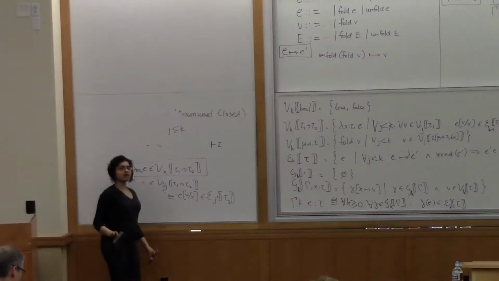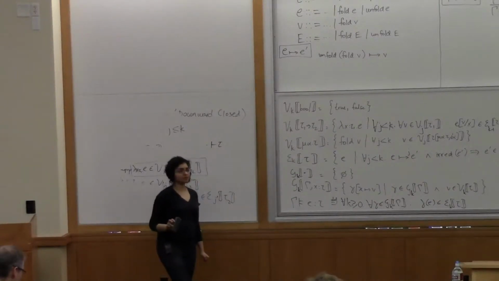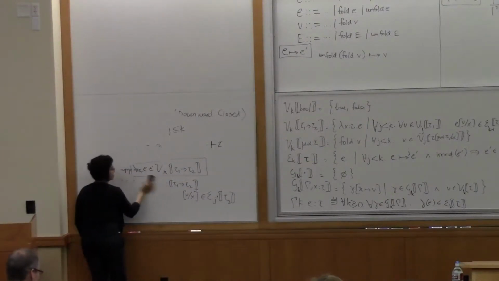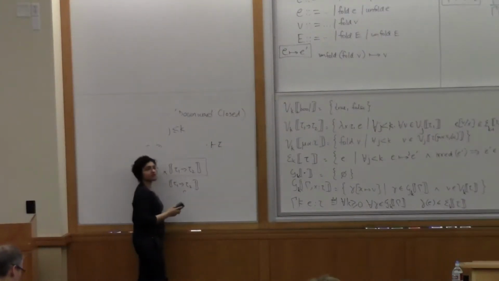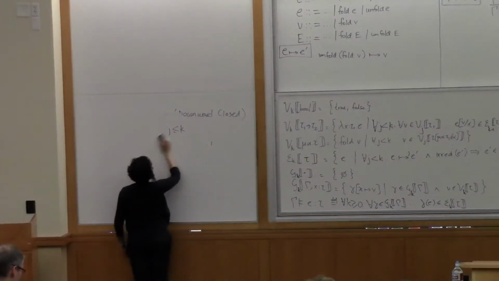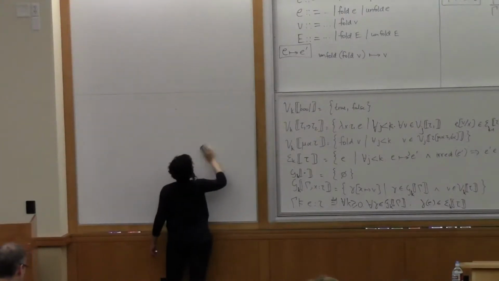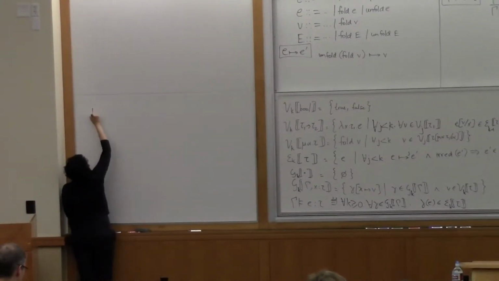So when I say program context, are people familiar with program context? So context is just any expression that has a single hole in it where you can plug another expression. So let me back up a bit and talk about program context.